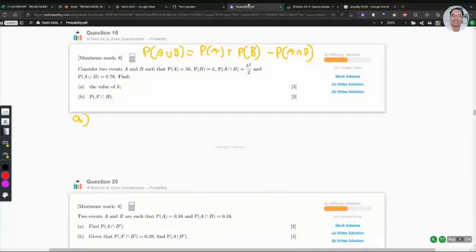You have a quadratic equation of K, and then use the calculator to solve for the quadratic solution.